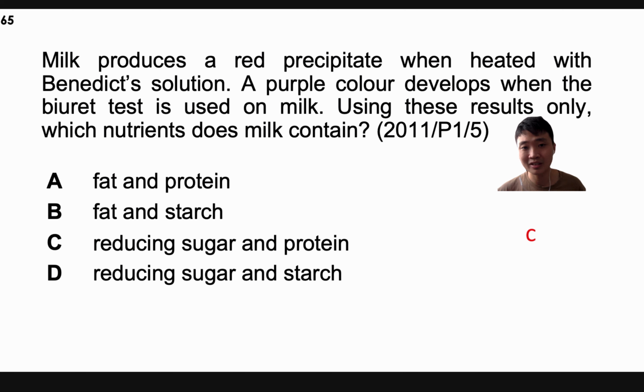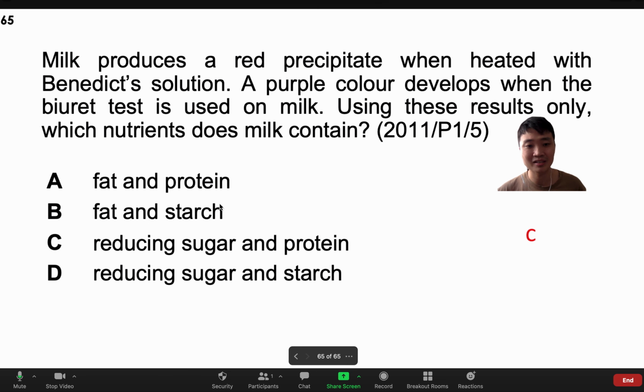Most likely you already know that protein is definitely present. So options B as well as D will be struck out, and you're left with A and C. Now, Benedict's solution: the only time it's a negative result is if the solution remains blue. But no, it says a red precipitate is being formed.